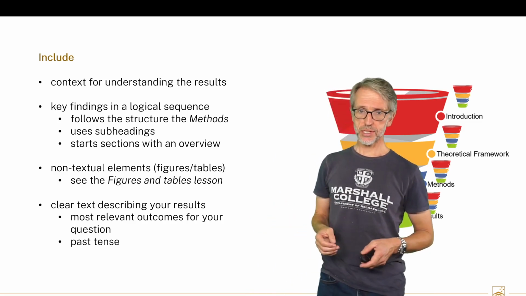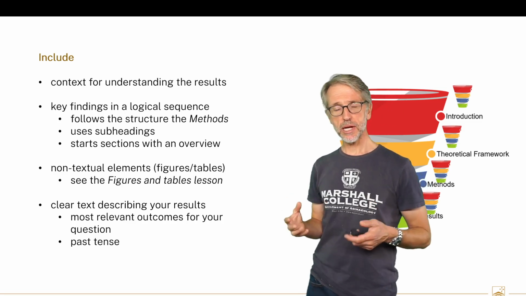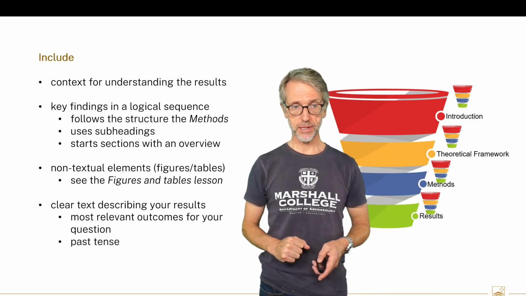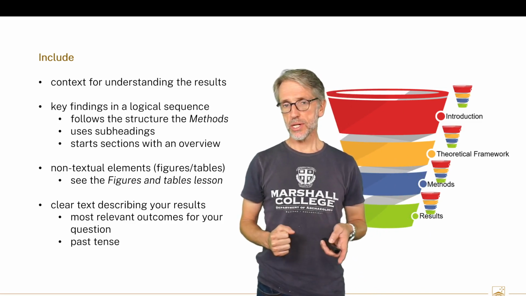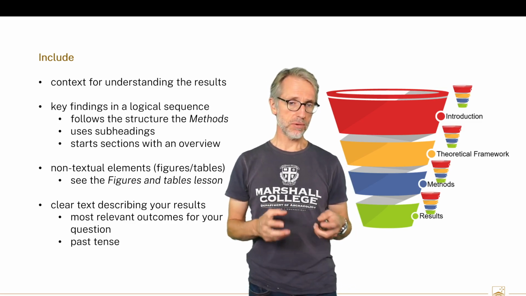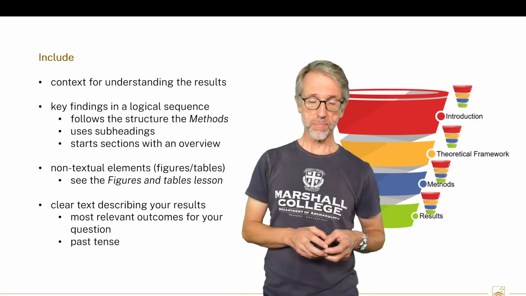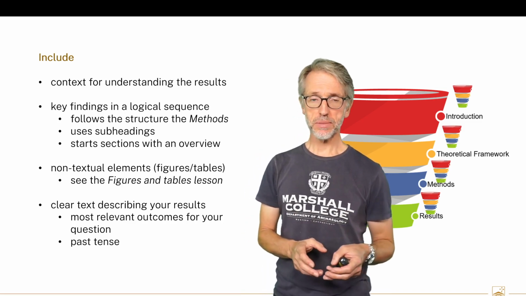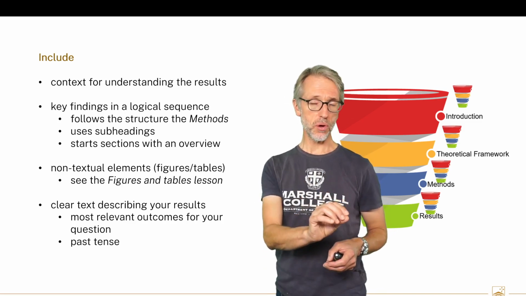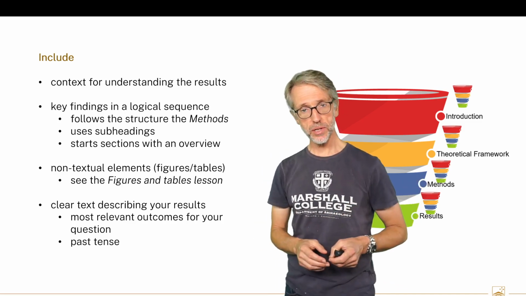In the methods section, I described how the methods are presented in a clear chronological fashion, in the order in which the work was completed. The results section should follow that structure as well. So that means our results are often presented in the order in which we obtained them. Often that makes the most sense because later results are the consequence of earlier ones, just as later methods are the product of earlier ones.